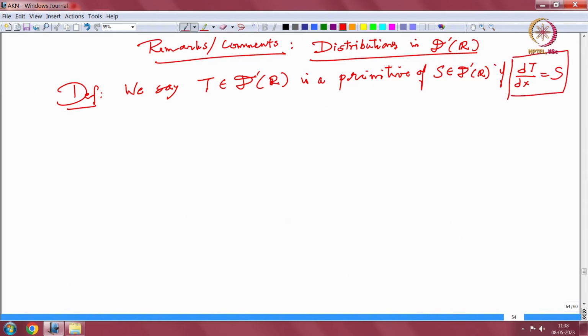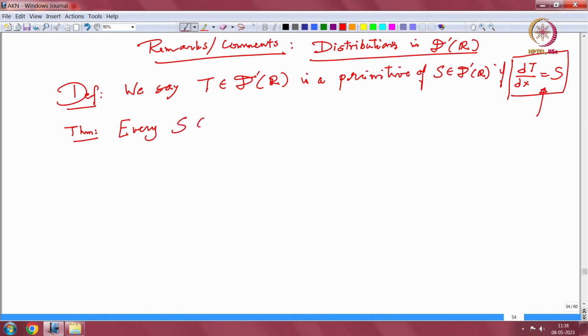So the immediate theorem, of course you need to give a proof for that. You may ask about existence. Basically you are trying to solve this problem, dT by dx equals S, which is what integral calculus is for functions. So you are definitely developing integral calculus for distributions.